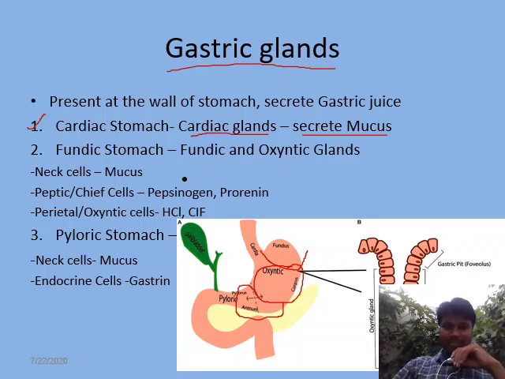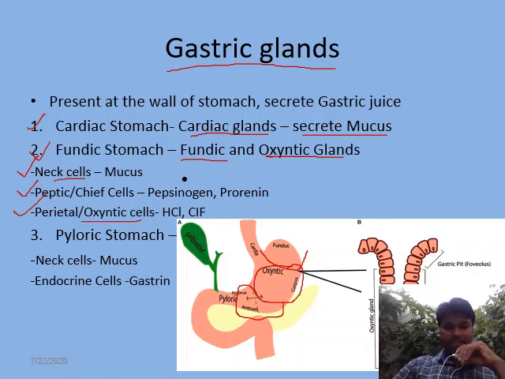And the second part we find fundic and oxyntic glands. There are different cells in this fundic stomach: neck cells, peptic or chief cells, parietal or oxyntic cells. Remember these 3 types of cells: peptic, neck cells and oxyntic cells.